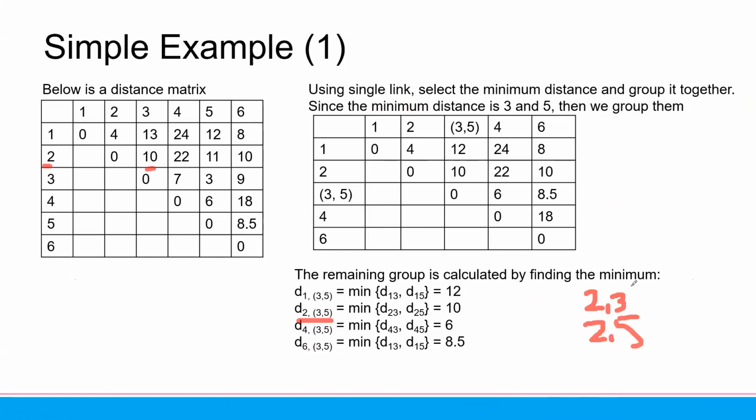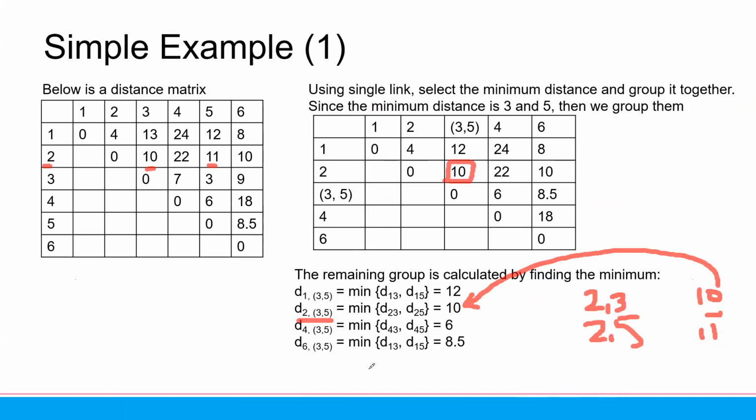It is 10. What is the distance between 2, 5? It is 11. So what is the minimum? 10. So we put the distance 10 here, as the distance between 2 and 3, 5.